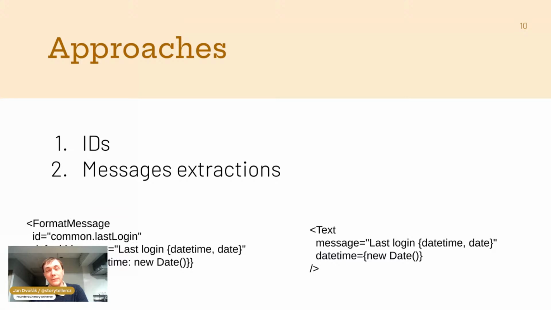Or, as on the right, you just put in the message, maybe with some inputs, and then you usually have a build step that extracts all those messages, puts them into translation files, maybe assigns IDs to them, and sends them for translation. I prefer the ID method because you are much more in charge.